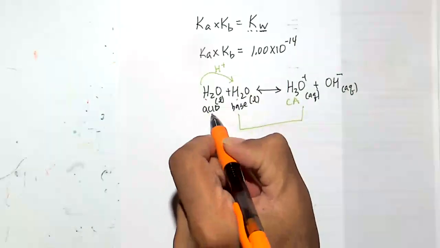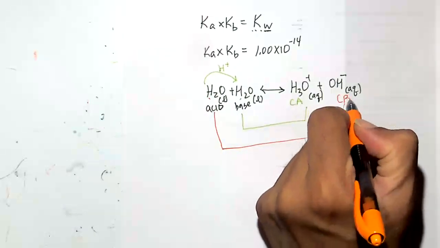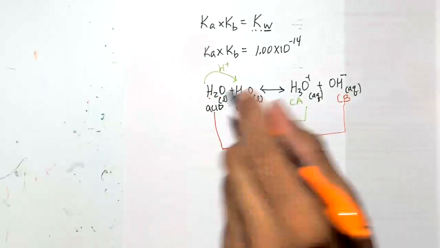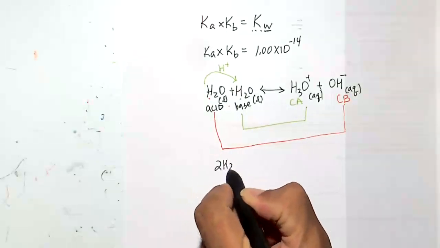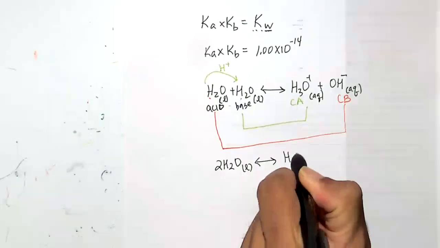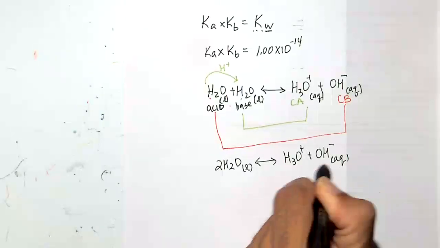And then when this donates its proton, it becomes OH minus, the conjugate base. Okay, so this is the Kw reaction. We'll add H2O plus H2O together to give you 2H2O. And this is Kw.